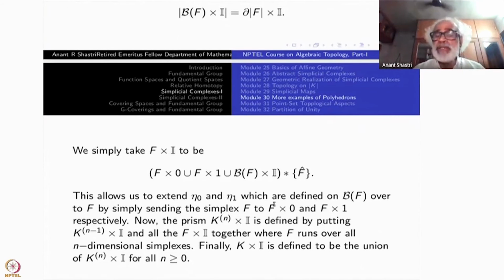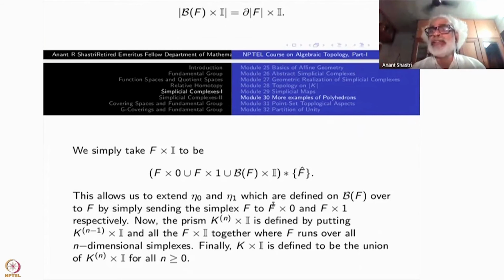That will complete the construction for the n-dimensional skeleton Kn cross I. So inductively, constructing from the n minus 1 skeleton to the n skeleton, we have described it. Therefore, the construction is over for all Kn cross I, where Kn denotes the n skeleton of K.